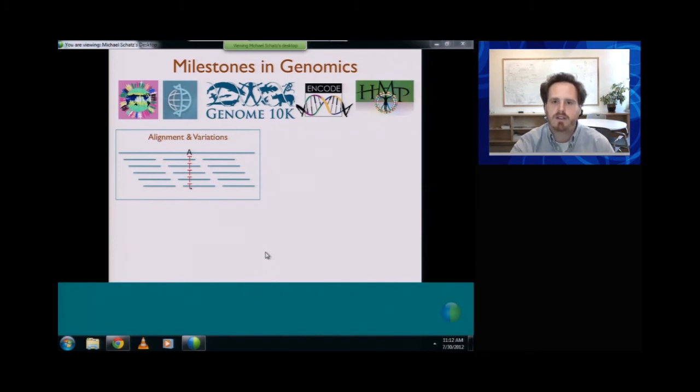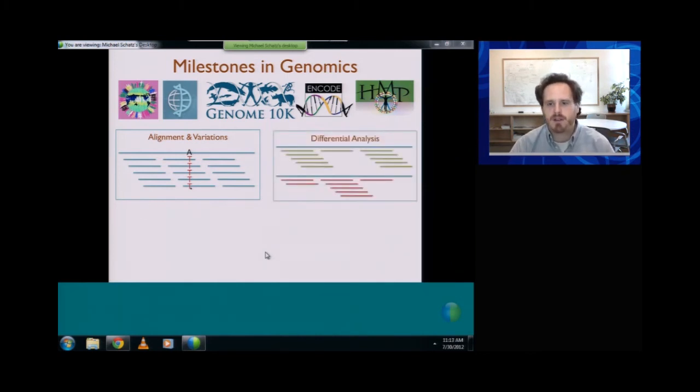Another fundamental computation very closely related is what I'm going to call a differential analysis. So if you collect the biologically active parts of your genome, your RNA, your gene regions, under one condition, you might see a pattern in green. If you collect the RNA under a different condition, you might see the pattern in red.